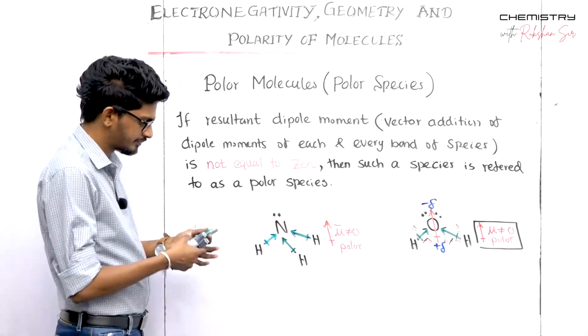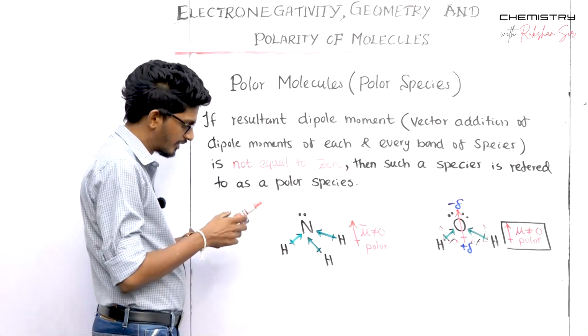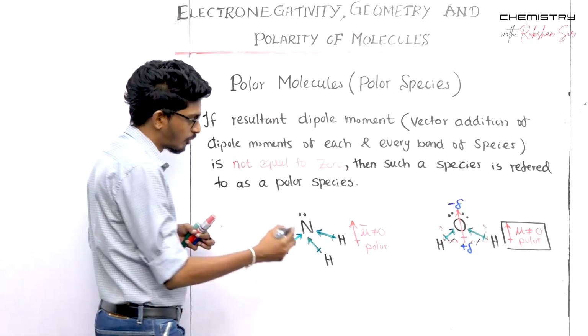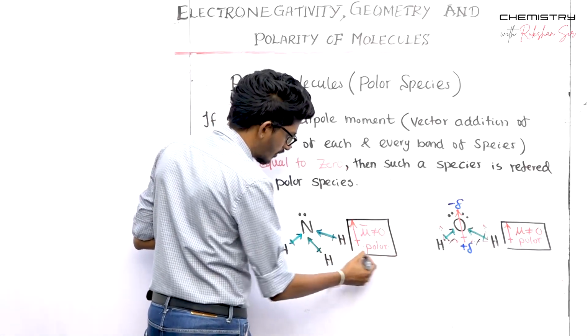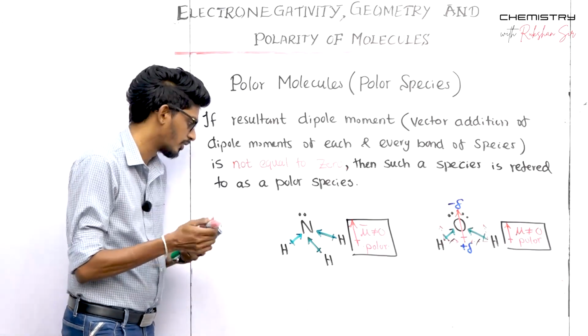When it comes to this one, as the net dipole moment is not equal to 0, it's a polar molecule. And what is the negative pole and what is the positive pole?